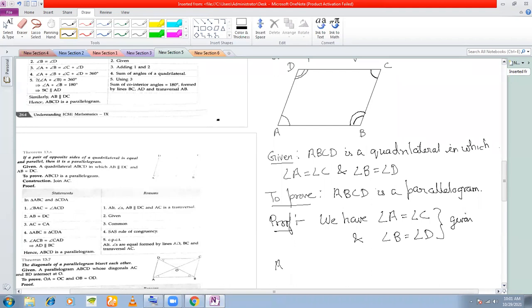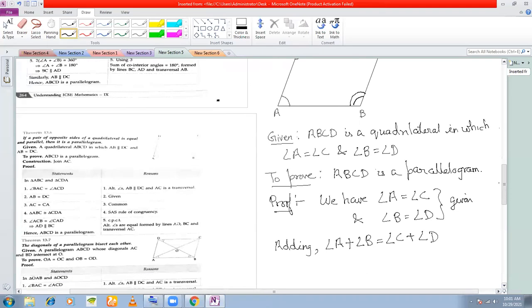So now adding the two, what do we get? On the left hand side, angle A plus angle B, and on the right hand side, angle C plus angle D. Is this okay for you? Let us call this 1. So now we know that angle A plus angle B is equal to angle C plus angle D.